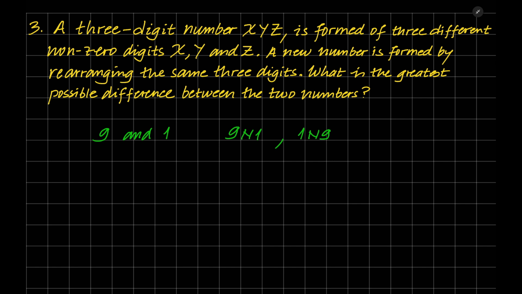For example, let's say the number is 921 and the small number is 129. We subtract 129 from 921.